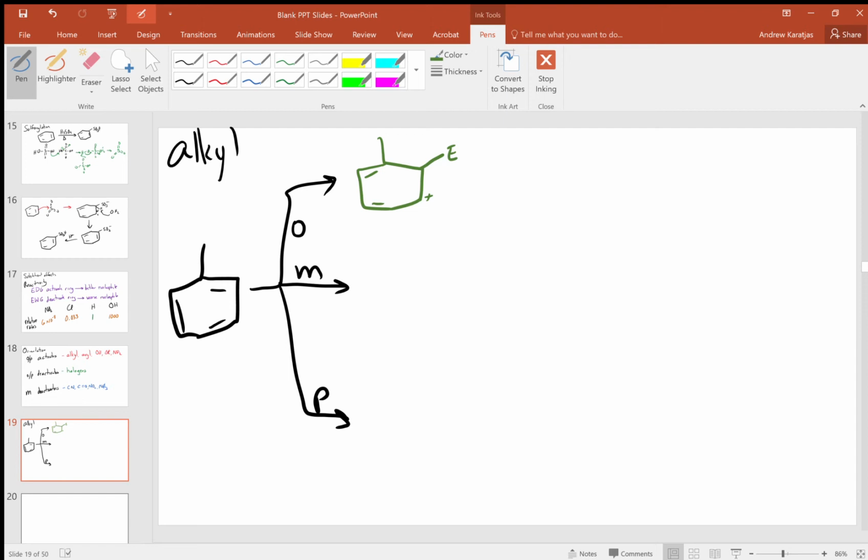It matters what the substituents that are already on there are. And with each one of these, we're going to draw out the resonance structures of the sigma complex. So we should have 3 resonance structures in each case. So those are our 3 resonance structures for ortho.